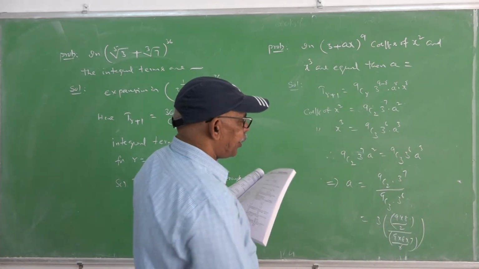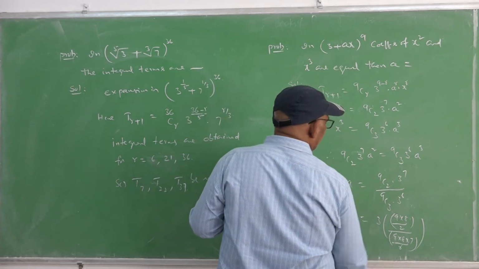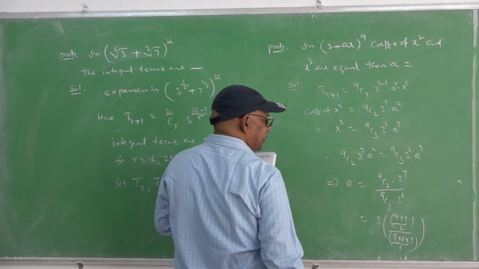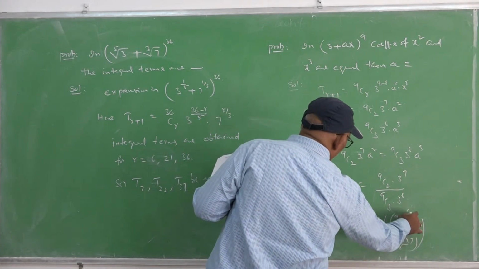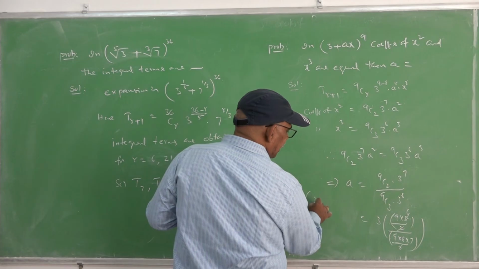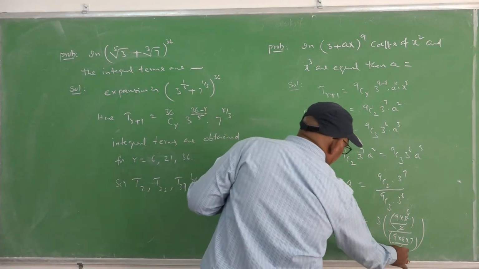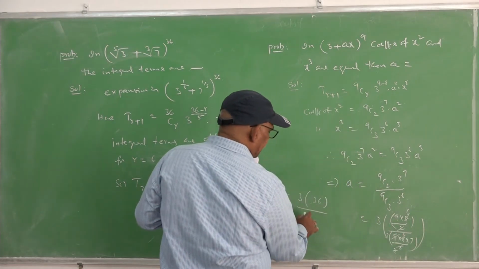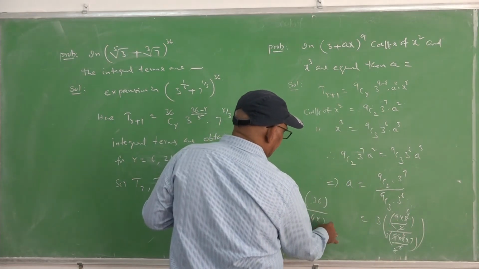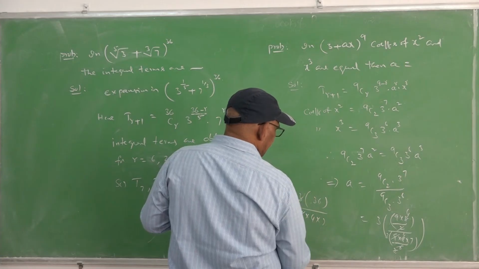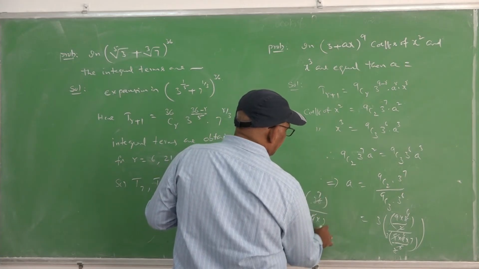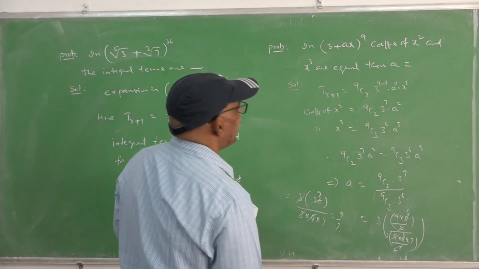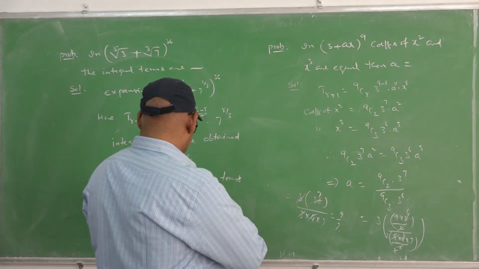On simplification, 3 into 3 into 2 by 3 into 4 into 7, so you can remove the 3. So the required a value is 9 by 7.